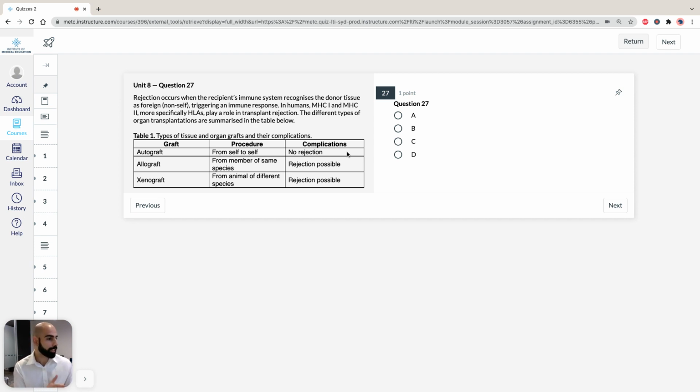If we take a look at the options for question 27, A, B, and C: if we're looking for the tissues that have the most significantly different antigens from each other, the answer has to include a xenograft between the domestic cat and cheetah 2.